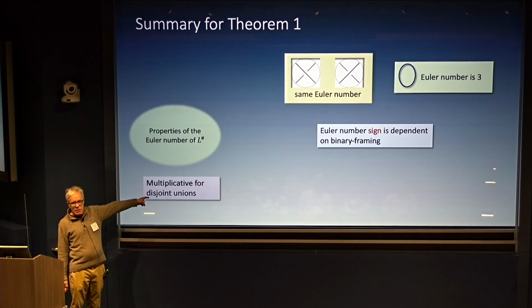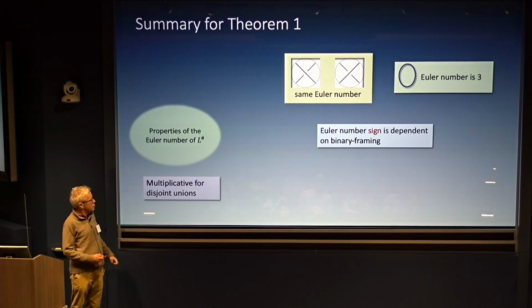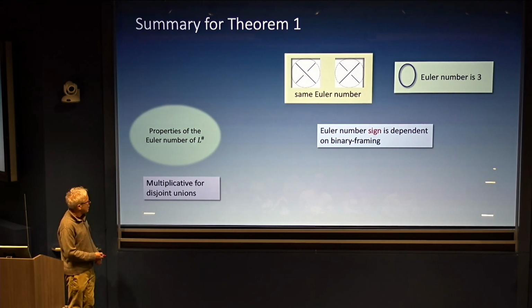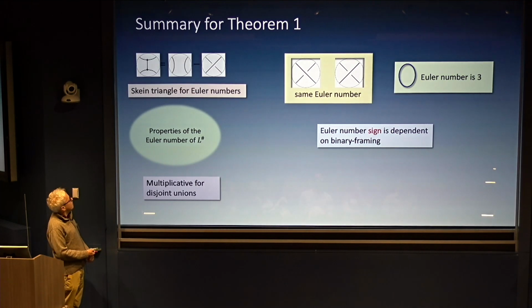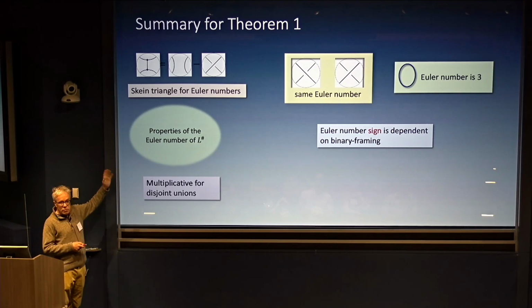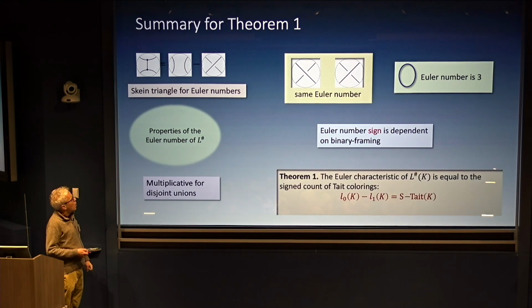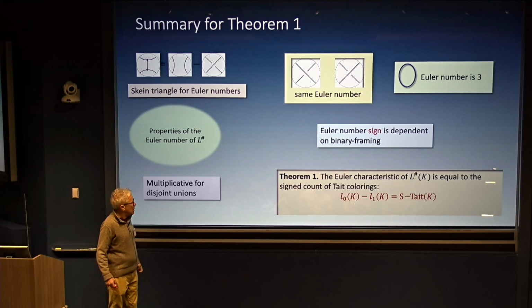I didn't state this, but it's fairly straightforward to prove from the gauge theory. It's multiplicative for disjoint unions. Importantly, the Euler number has this Skein triangle, this Skein relation. All these properties entirely characterize the Euler number of L-sharp.